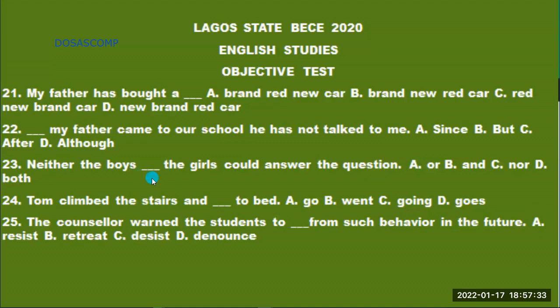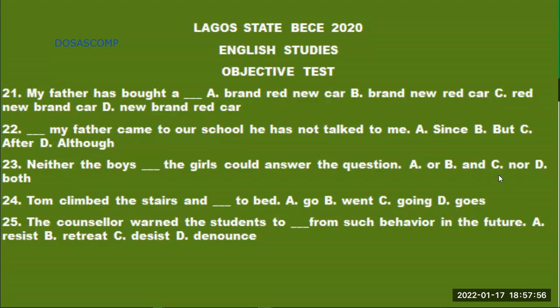And so let's try. Well, neither the boys or doesn't fit in. Option A, eliminated. Neither the boys and the girls could, well, and can't go. Option B, eliminated. No, neither the boys nor the girls could answer the question.